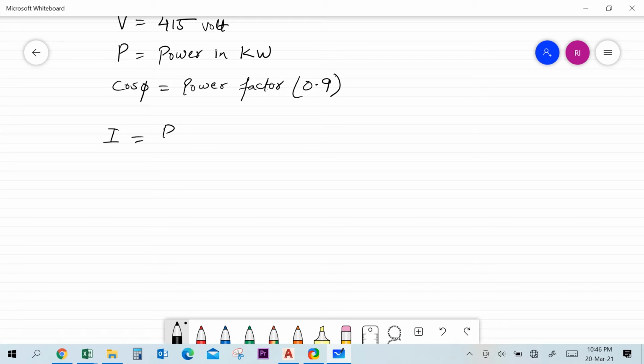I equal to P divided by 1.732, which is the value of root 3, then multiplied by 415, this is voltage, and multiplied by 0.9, this is power factor. After this calculation, we get P by 646.905. You can calculate, you will find the same answer.